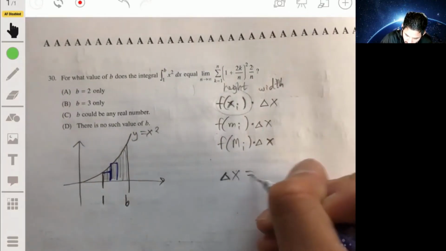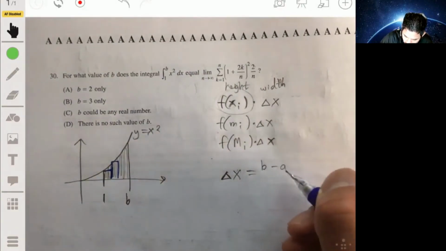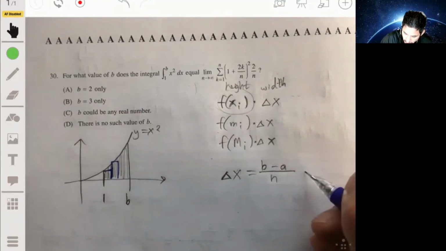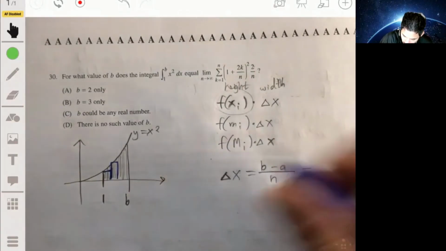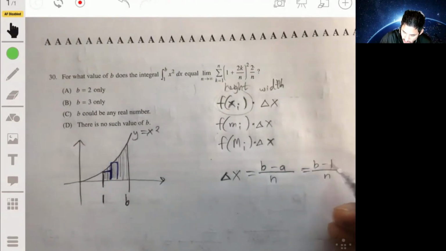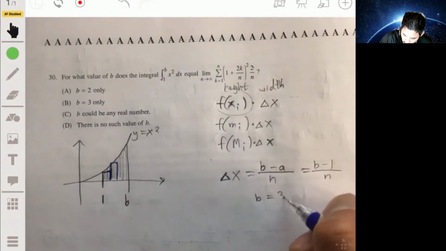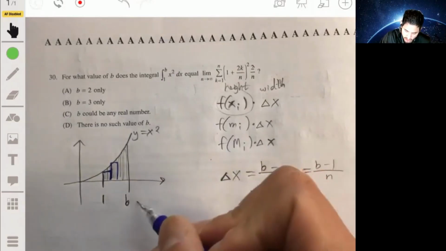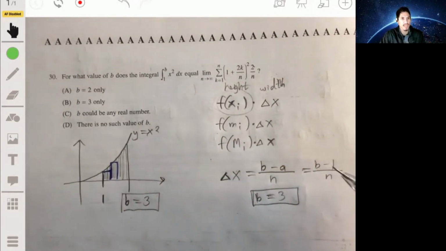You'd take the total length from a to b and divide it by n, so b minus a over n. In this case, we know a is 1, so we have b minus 1 over n. Now, if b minus 1 has to be 2, that means b has to be 3. So we're evaluating from 1 to 3, and your answer is going to be 3. That's one quick way to check that.